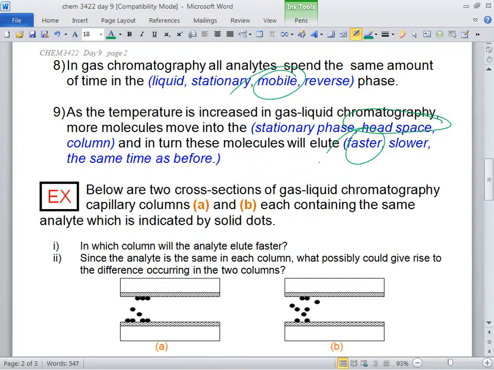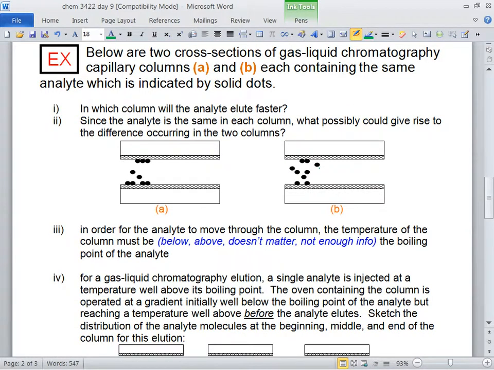Below are two cross sections of gas liquid chromatography capillary columns, A and B. So the dots are the analyte. Each contains the exact same compound. In which column will the analyte elute faster? What would you guess, Brandy? A or B? Yeah, B, because there's more in the headspace or mobile phase or gas phase, right?